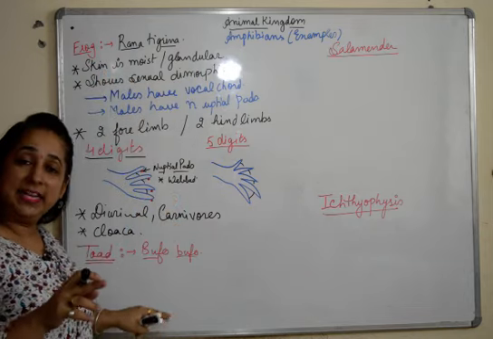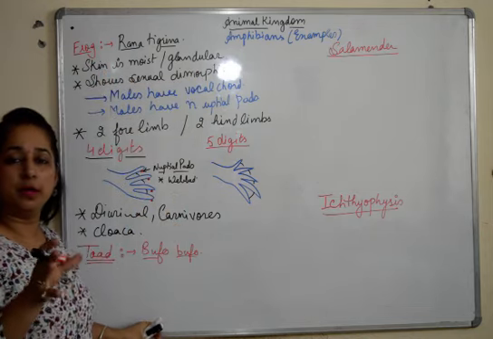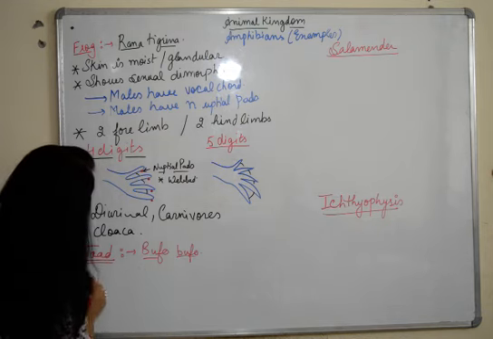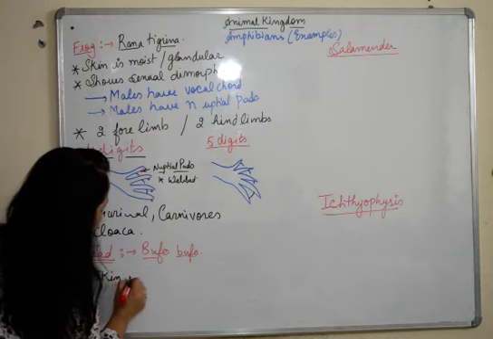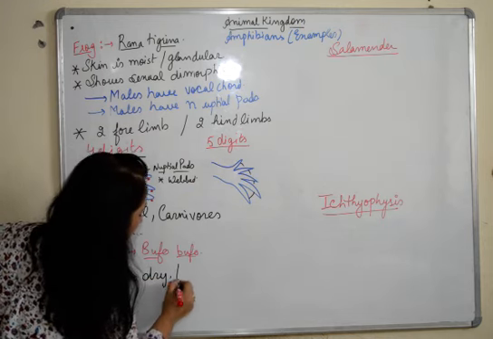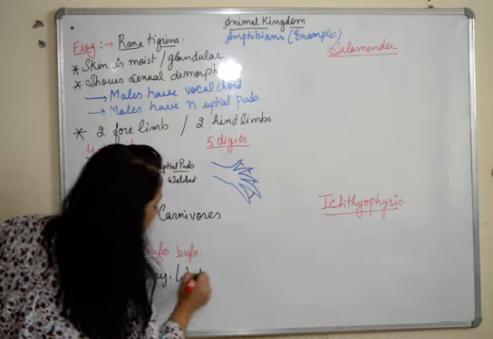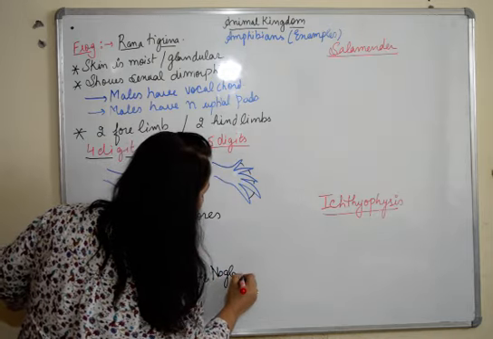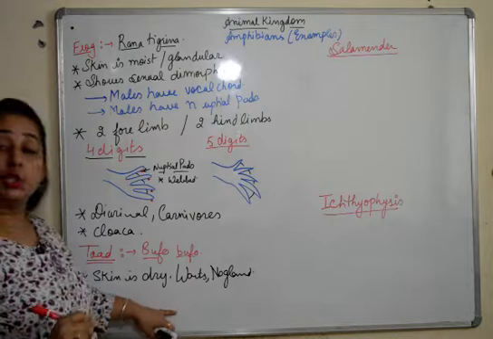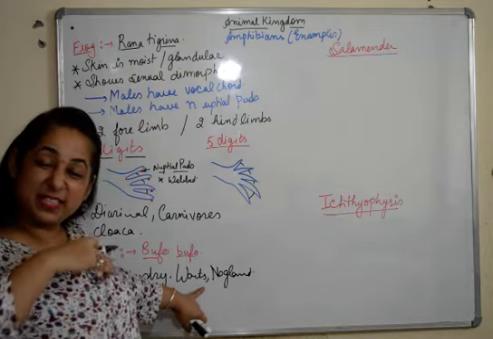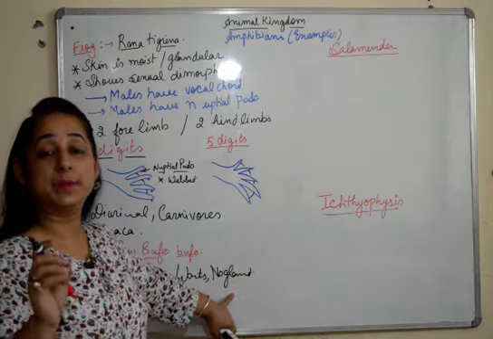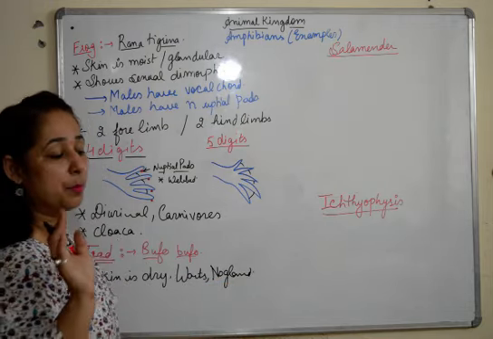The toad looks similar to a frog, but its skin is dry, warty, has wart-like structures and is non-glandular. The skin is dry, it has a warty, horny structure, and it does not have any glands present in the skin to keep it moist.